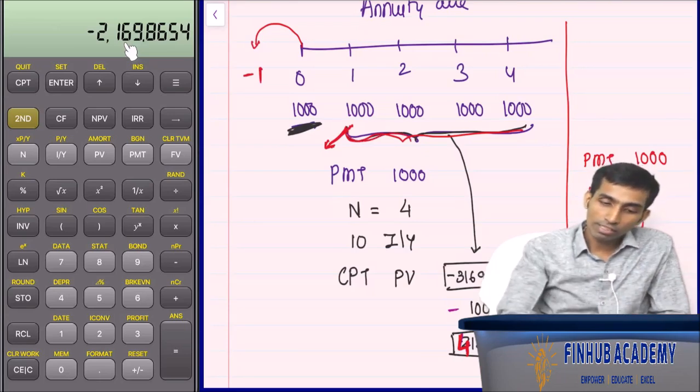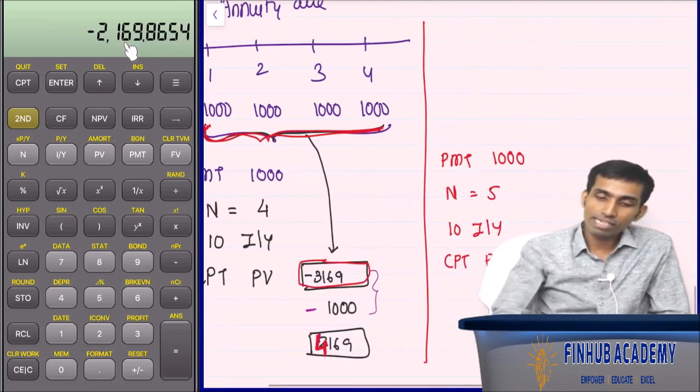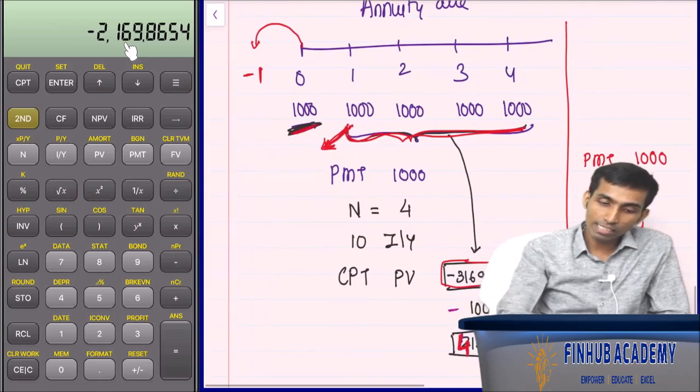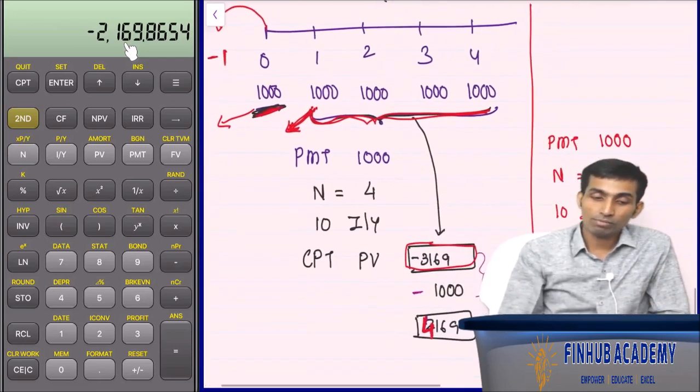I said this is standing at 0, so it gave me the value here, one year back. Same way, if my installment is starting at 0 and I take all the 5, it will give me the one year back value. But I want it at 0.